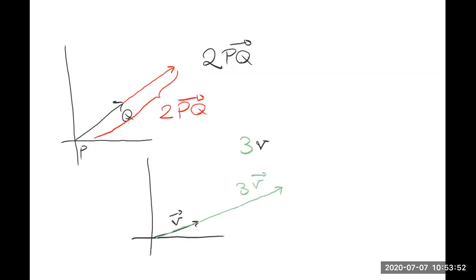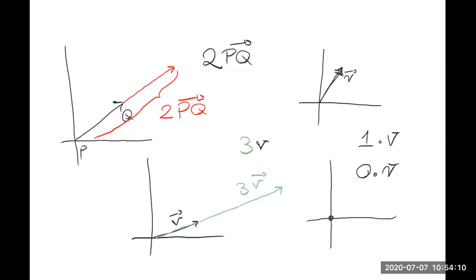Now, one important thing is that if we have a vector V, 1 times V is equal to V itself. Doesn't change anything. 0 times V is going to be 0. It's a vector whose length is 0. Remember, 0 times anything is 0.